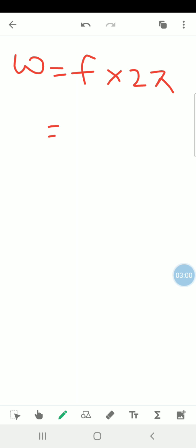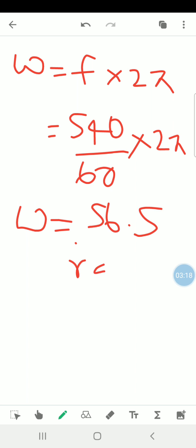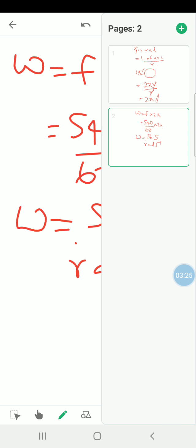Frequency is 540 divided by 60, multiplied by 2 pi. When you do this, you will get omega to be 56.5 rads per second. All right.